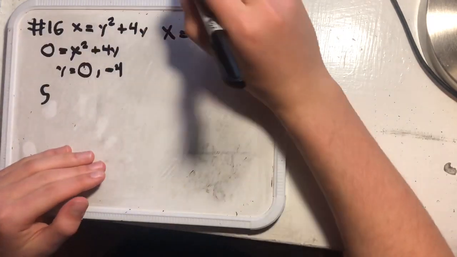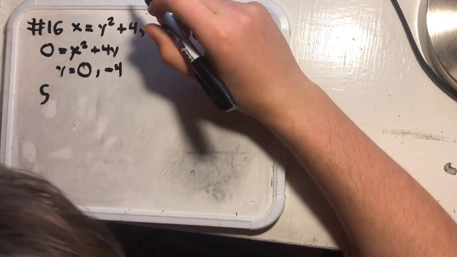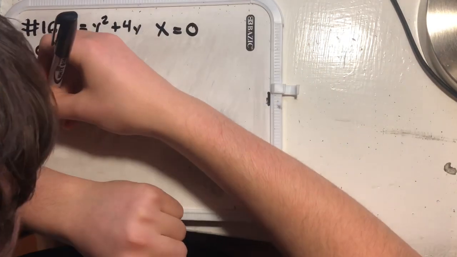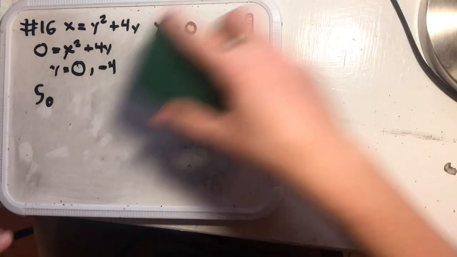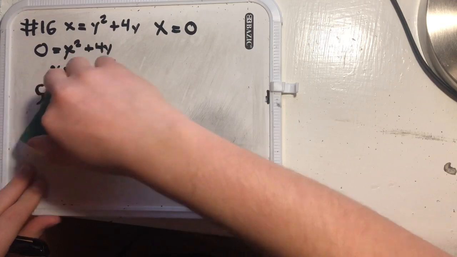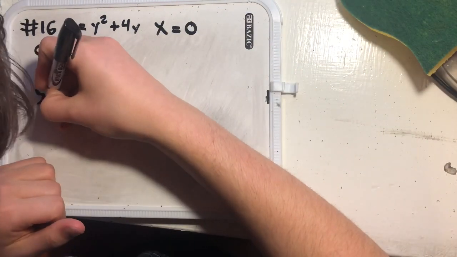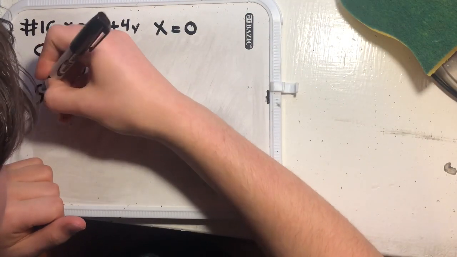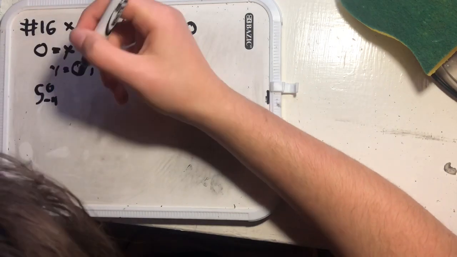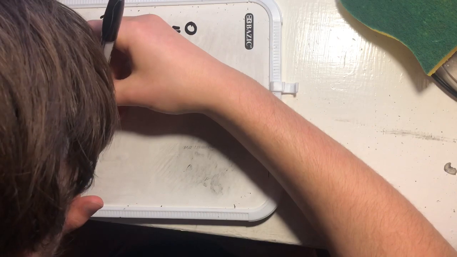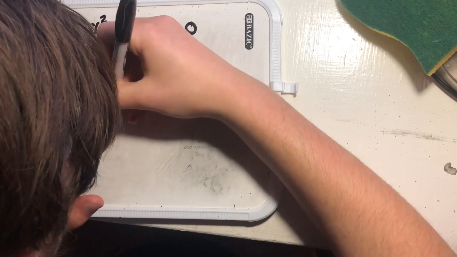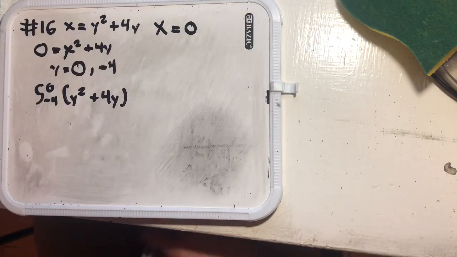The integral is going to be from those zeros, 0, or rather -4 to 0 of y squared plus 4y.